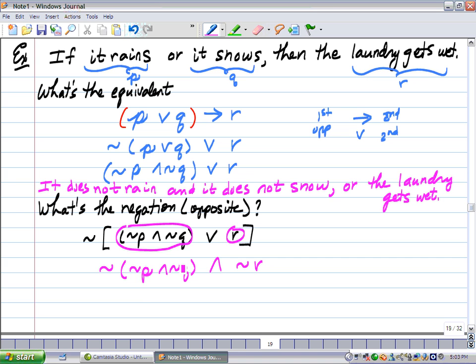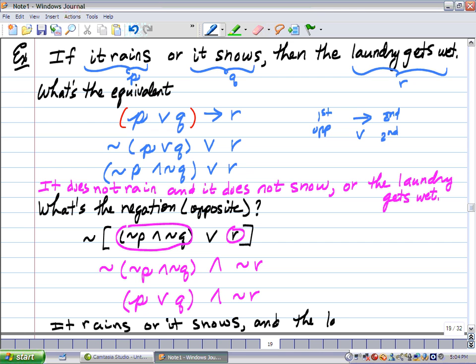I'm going to use De Morgan's law because there's a parenthesis. So I'm going to get P or Q and not R. So in English, we would say it rains or it snows, with the comma because of the parentheses, and the laundry does not get wet.